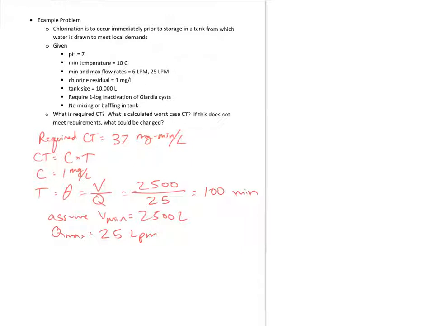The less plug flow like our tank is, the more likely we're going to have water enter and exit before the residence time is achieved. That water would not be disinfected. So we need to correct our actual CT by a baffling factor.